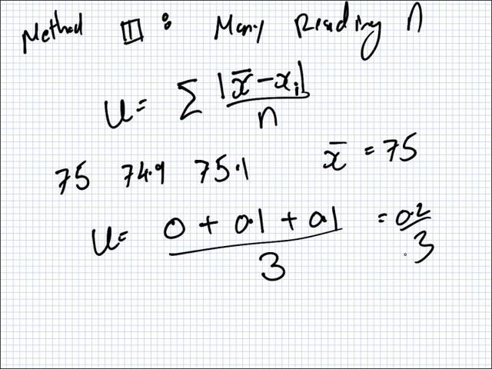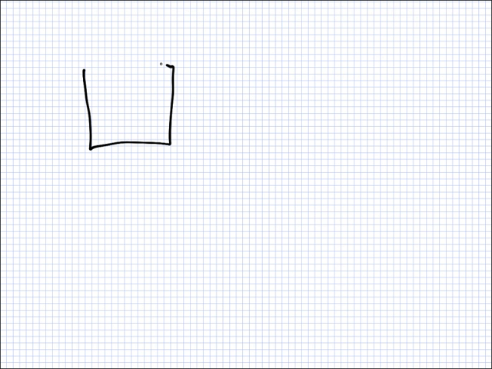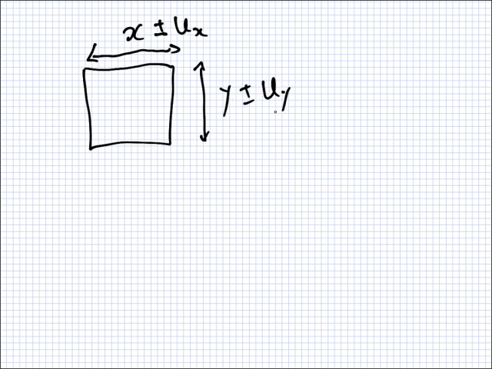But the next thing to talk about is what do you do if you want to combine. So I'll give you an example. Let's say here you measure this: this is x plus or minus ux, and this one is y plus or minus uy.